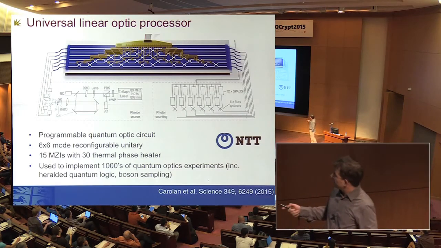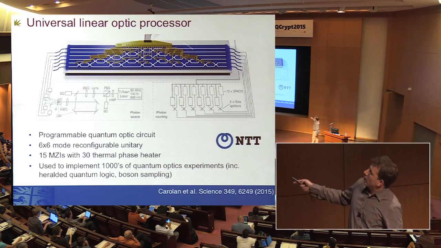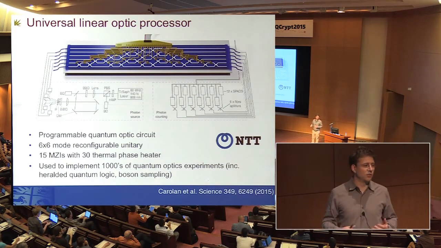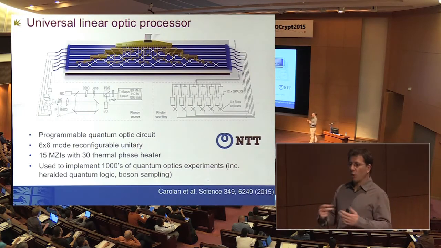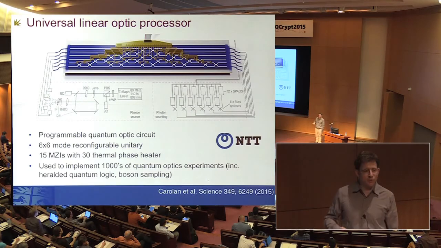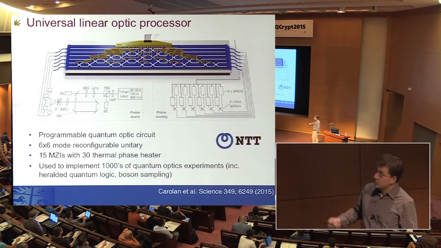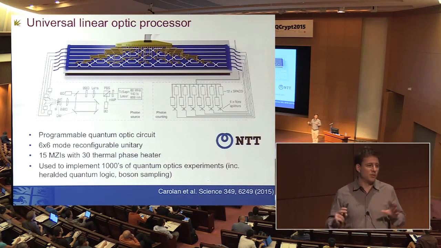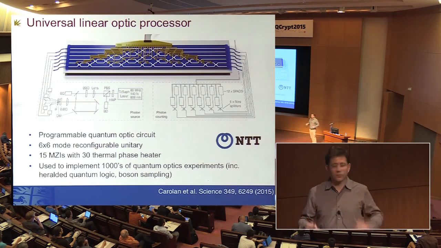This device has 6-mode input, 6-mode output, and a raft of nested Mach-Zehnder interferometers where we can individually control the phase on each Mach-Zehnder interferometer, each one acting as a variable beam splitter with a controllable global phase element. We'd be able to use this device to do any experiment you could possibly want to do on a 6-mode in, 6-mode out optical circuit.